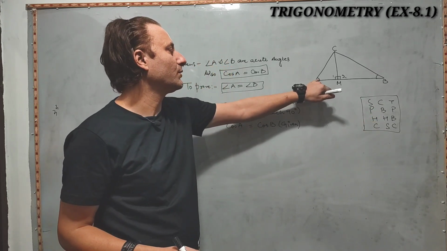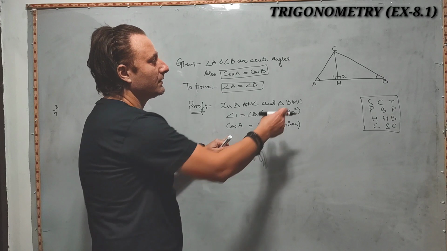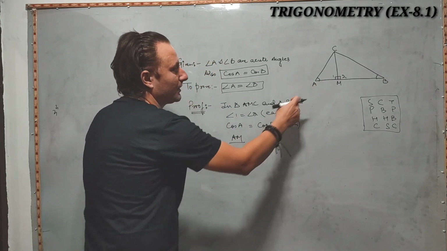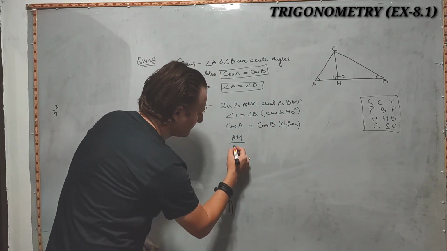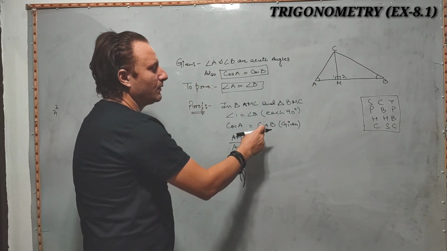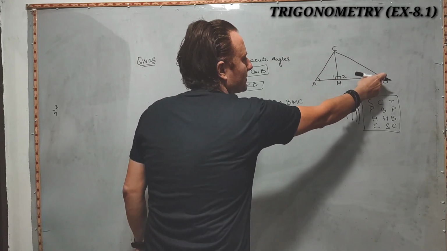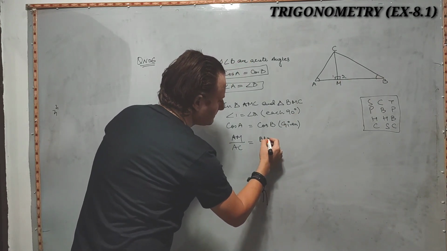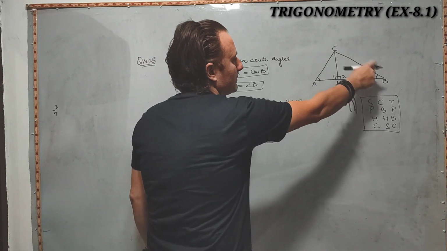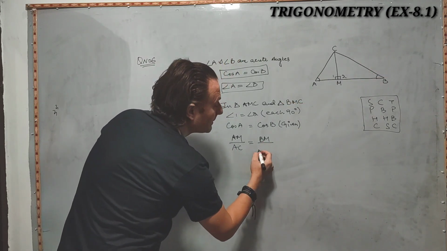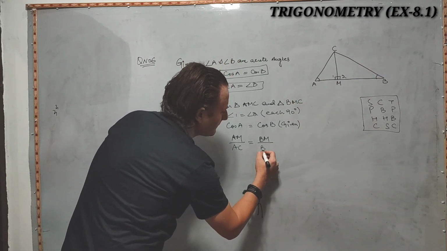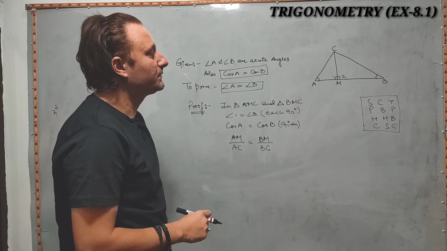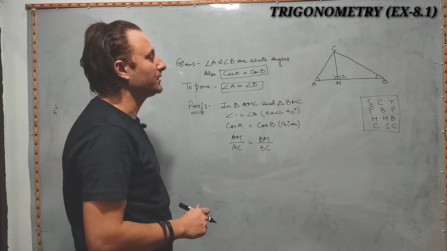This is the angle we are talking about. So cos A will be base, that is AM, upon hypotenuse, AC. Now cos B, we are talking about this angle. So cos B, base is BM, then we have hypotenuse as BC. Clear? So this is one of the conditions given by the question.